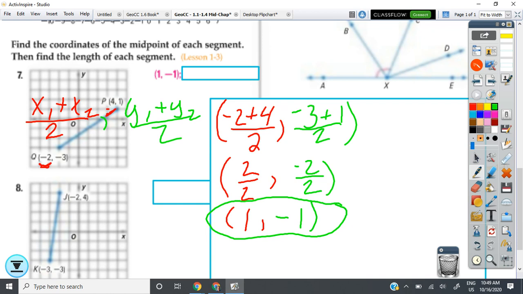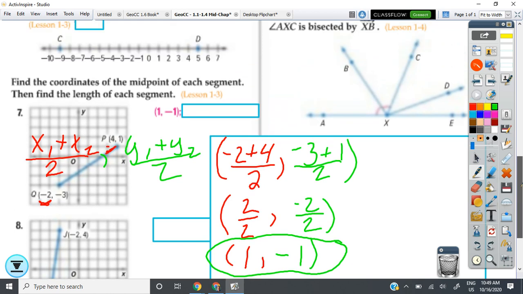Any questions? Because it was one-dimensional. Okay, the question was, why did we only use the x's up here, but we used x and y's down here?